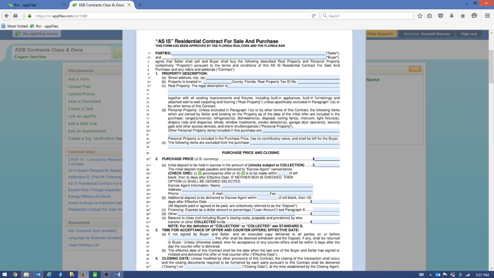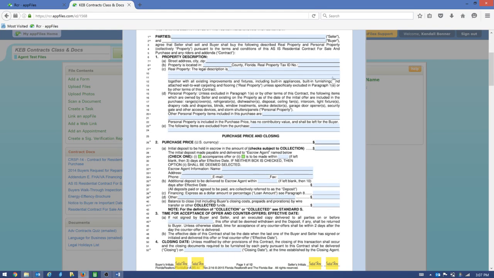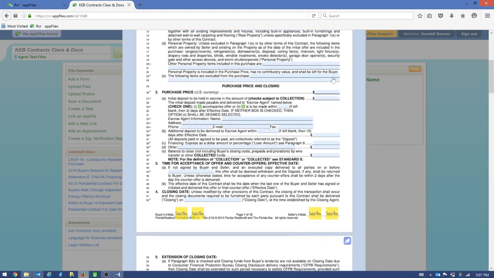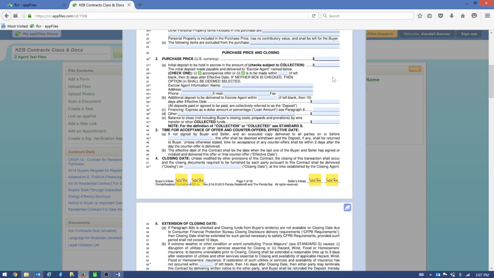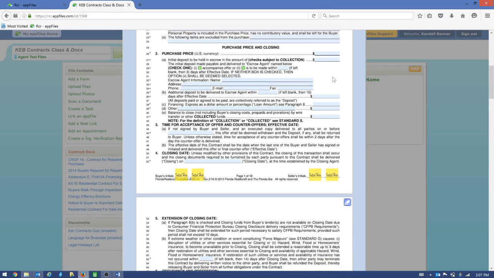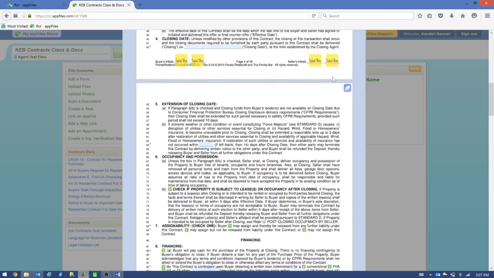A lot is happening on this page, and I'm not going to go over that today, but if you need help with that, I would go through my contracts quiz course. That will tell you a lot about that. And if you need me to do a more in-depth class on page 1, please let me know and I'll be happy to do that.